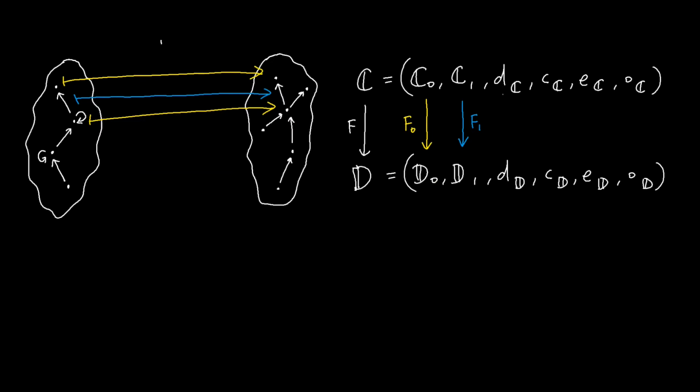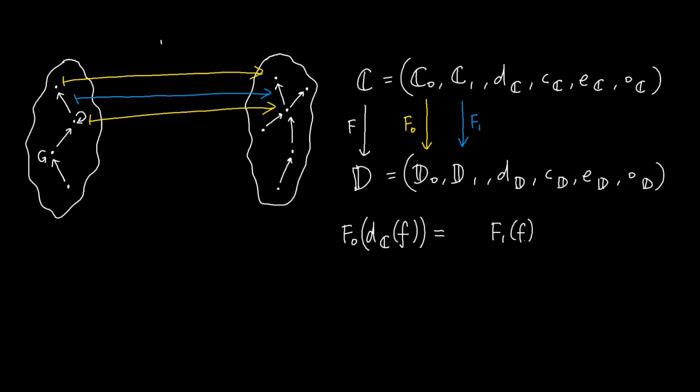So let's begin with the domain map. So if I have an object X, the domain map applies to morphism. So if I have a morphism F, and I consider its domain in C, and then I map that by the functor, which means applying the F0 function, then this should be the same as first mapping F by the functor, but then applying the F1 map, right?